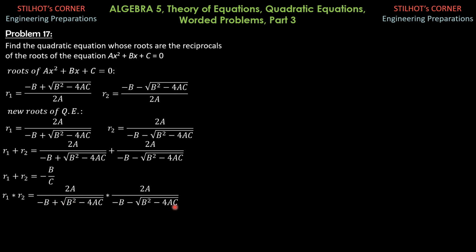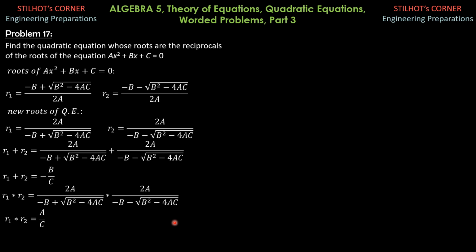So the denominator is 4AC, while the numerator is 2A times 2A, 4A squared. So 4A squared over 4AC is A over C. So again, the product of the roots would be A over C.